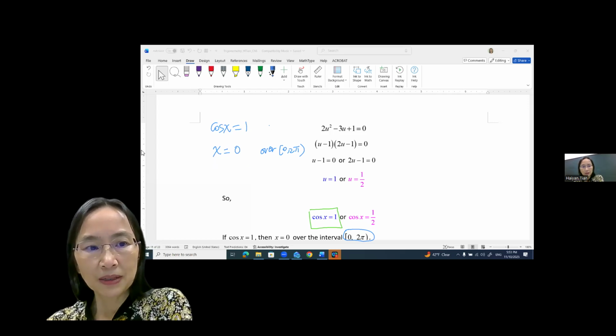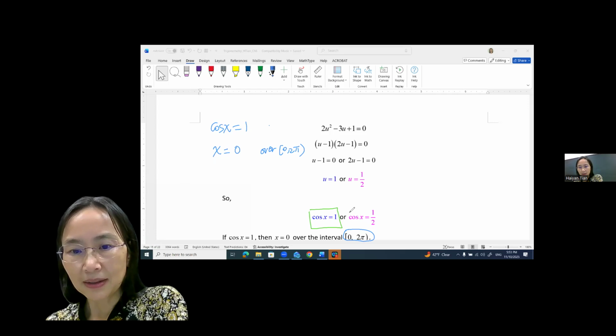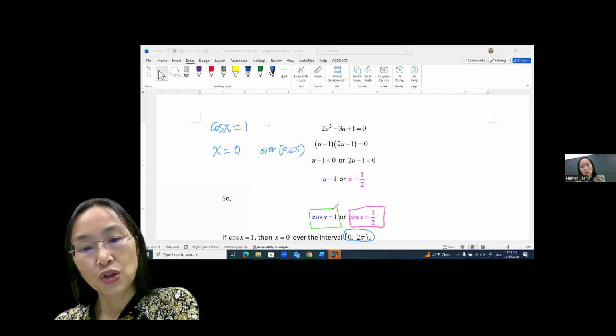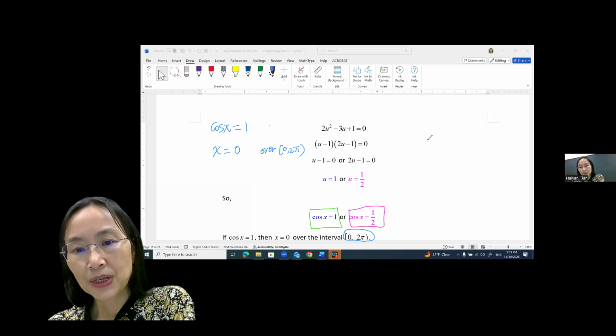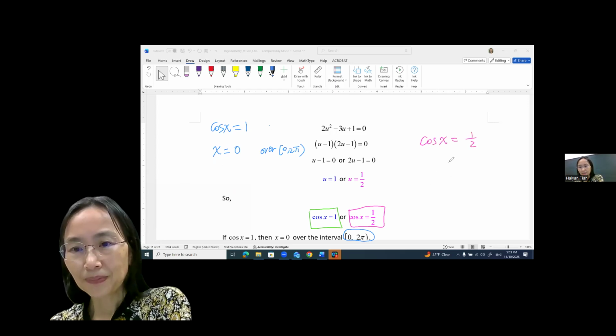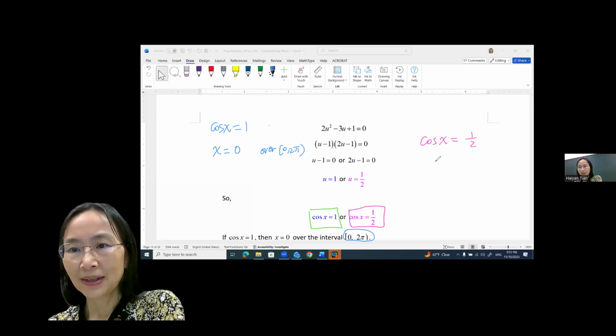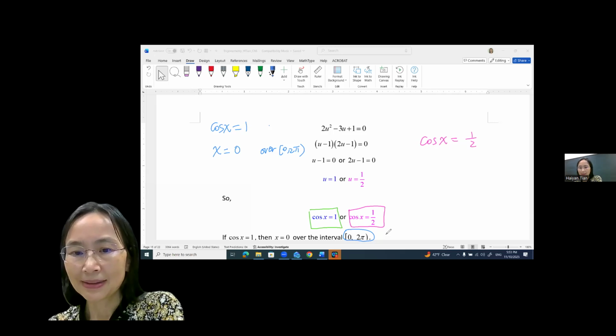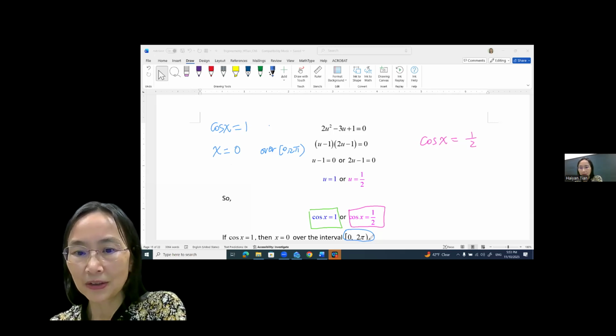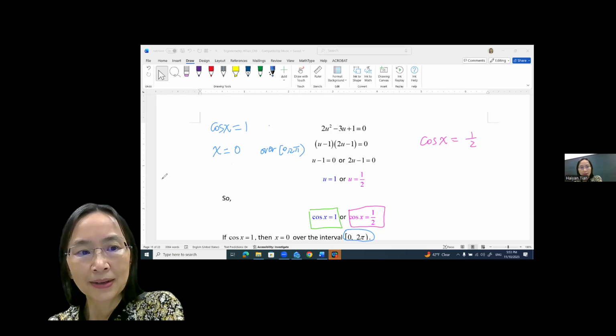Now, how about the other equation? Because cosine x could be half. So if cosine x is half, what should be x? Still over the interval from 0 to 2 pi.